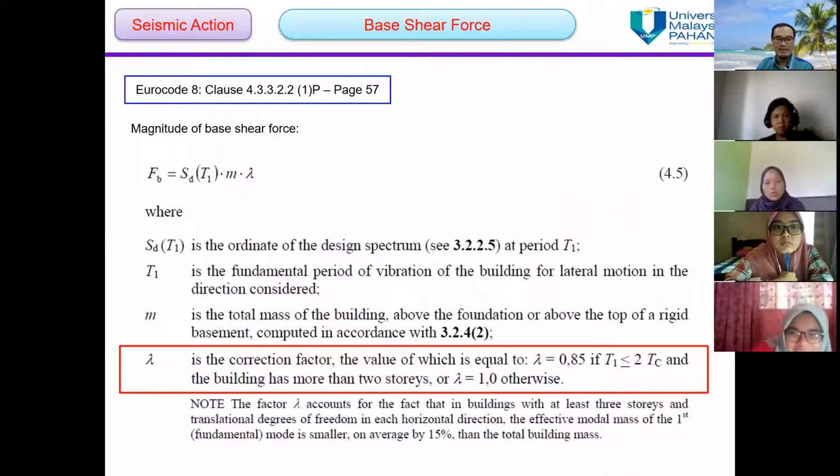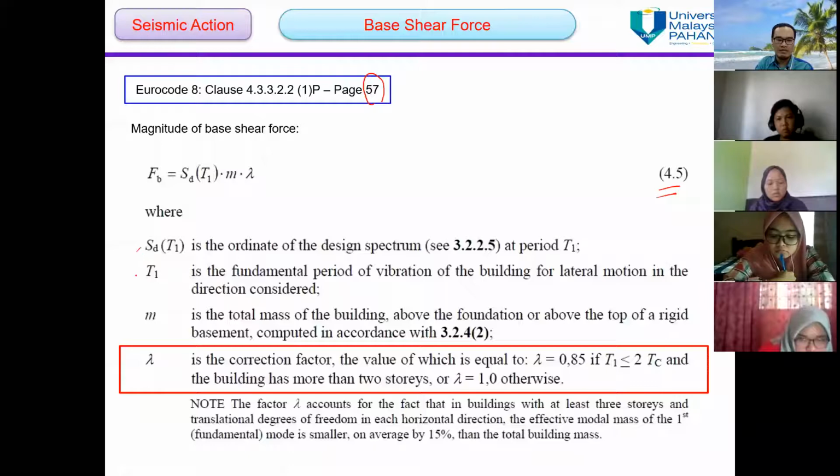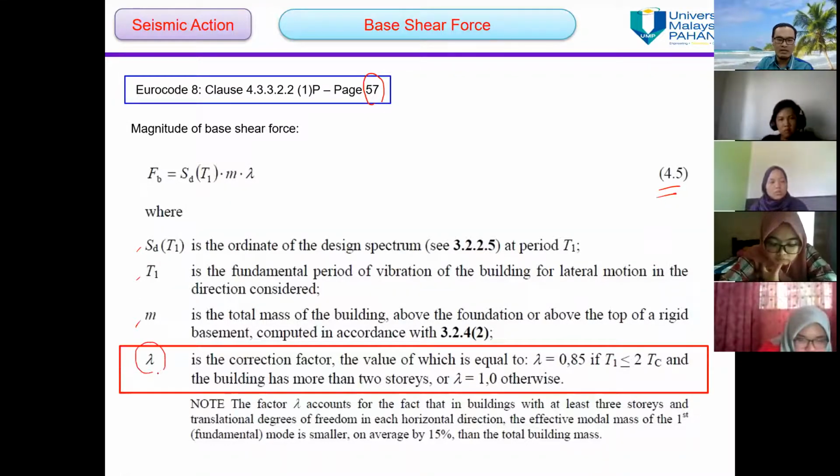Okay, this is from page number 57 in Eurocode 8. This is the equation I mentioned before, and this is the description of every parameter. And this is the correction factor. The lambda is the correction factor. The value is equal to 0.85 if the T1 of the building is less than or equal to 2 times TC, and the building has more than 2 stories.